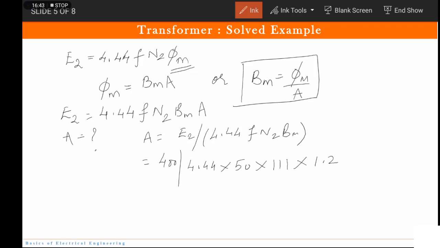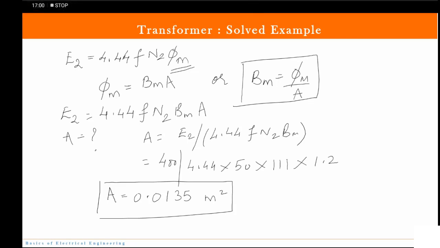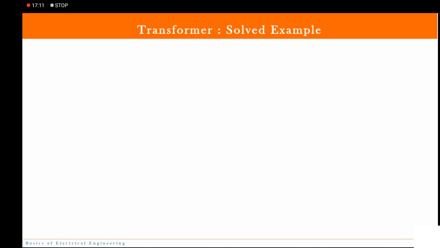So this cross-sectional area, after doing the calculation, comes out to be 0.0135. What will be the unit of the area? Meter square. So this is how we found out the area. Okay? Fine? Understood? Yes. So let us now go to the last numerical for the day.